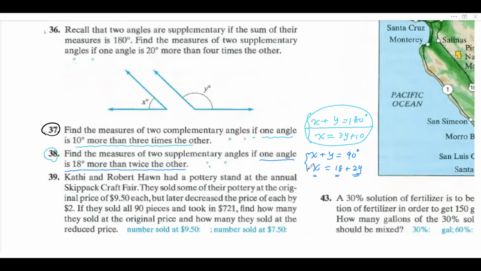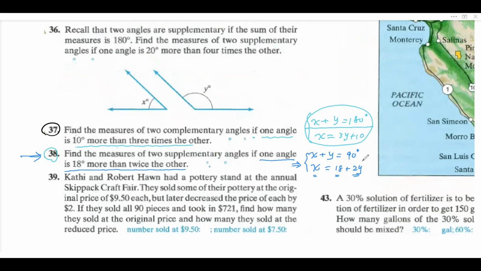So we build this kind of linear system. If they give you this kind of description, we need to know how to transfer it into math language, or algebra language. Based on this, we can go into our math system.